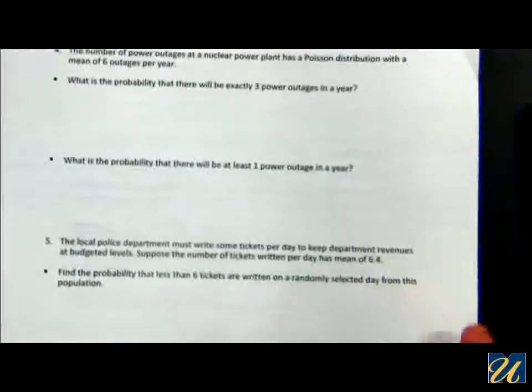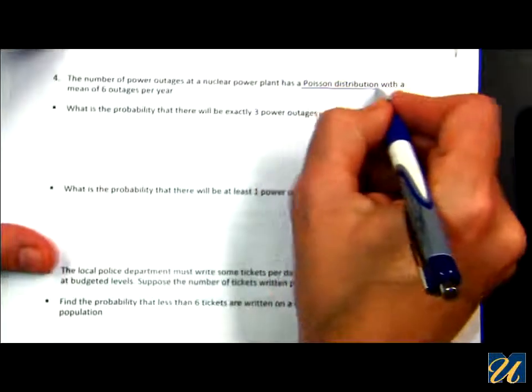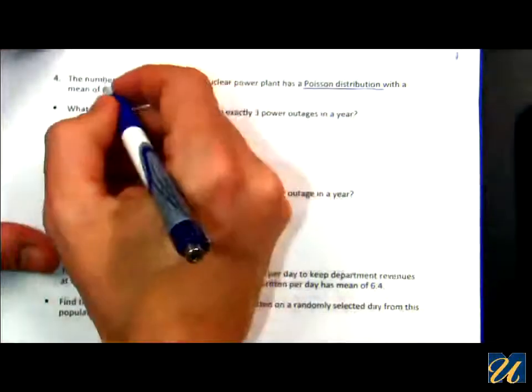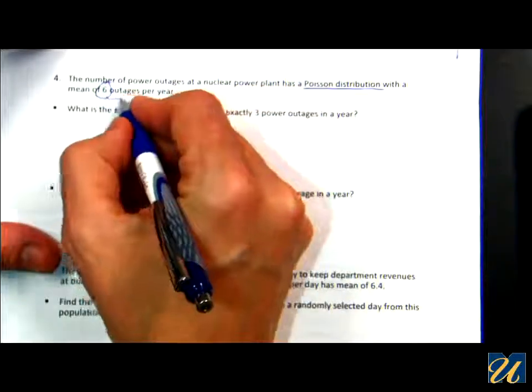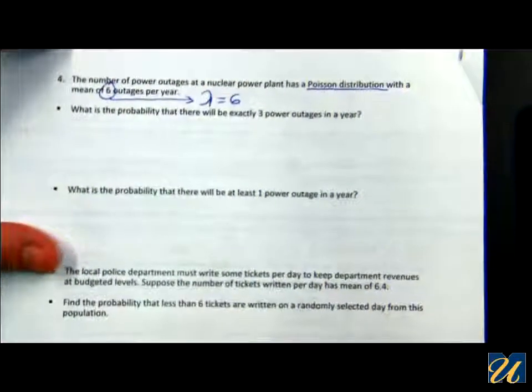Let's look at problem number 4. The number of power outages at a nuclear power plant has a Poisson distribution, so you know you have a Poisson distribution with a mean of 6 outages per year. That means that lambda is equal to 6.